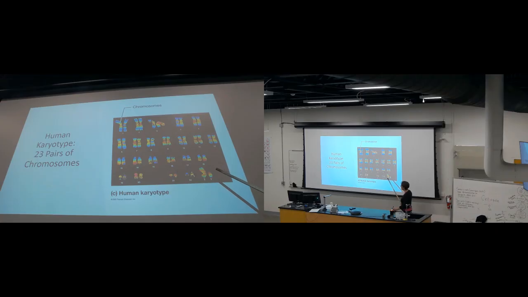The genome looks like, in a photograph, that is called the karyotype. So here is pair number 1, 2, 3. So we have 22 somatic autosomal pairs and 1 sex pair.